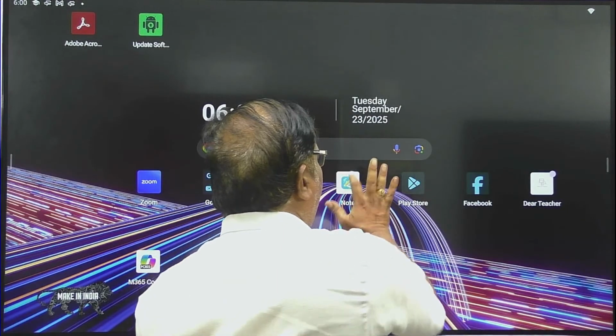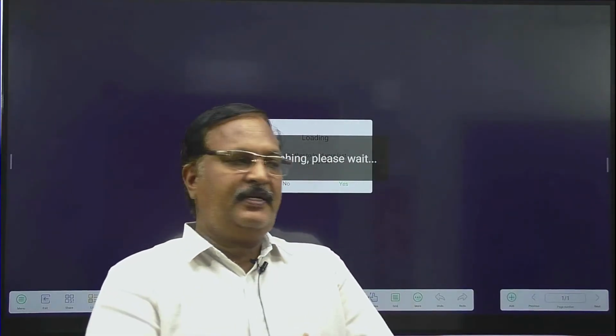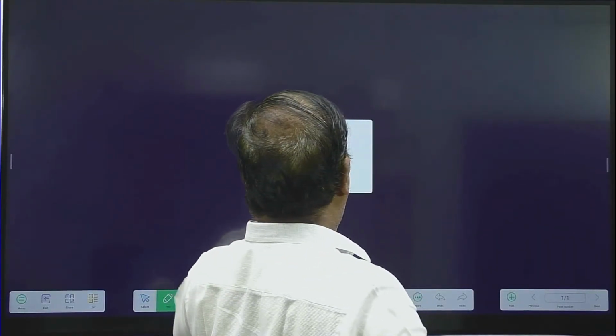Today I'll continue trigonometry. In my previous class yesterday I explained the trigonometric ratios of specific angles.